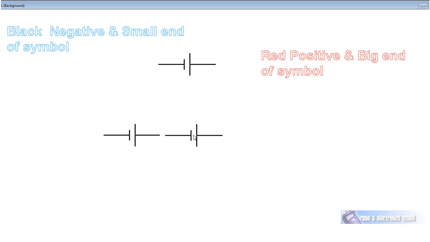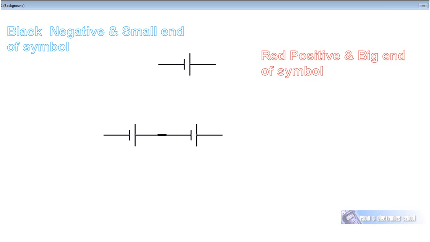So if we have two cells in series, the total voltage is now double that of one cell. So if these were two 2-volt cells in series, the voltage across the ends would be twice the cell voltage. In other words, if they were 2 volts each, between here and there we would have 4 volts. This would be negative and this would be positive. Two cells make a battery.